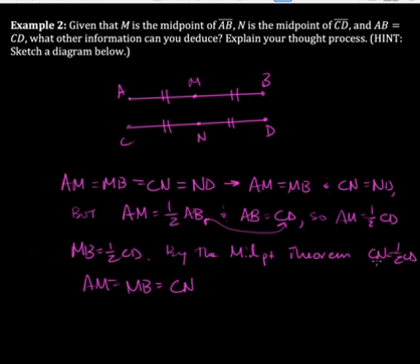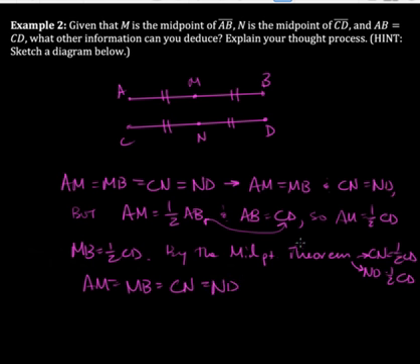But I also know that ND is half of CD, also by the midpoint theorem, right? The midpoint theorem tells me that both of these things are true. So since ND is also half of CD, ND could be put into this equation as well.